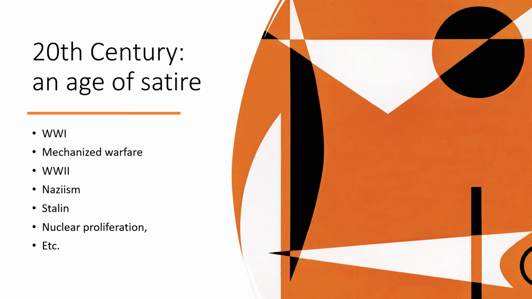Stalin, and he's the figurehead that Orwell takes aim at. Nuclear proliferation, and so forth and so on, all through the 20th century. It was an age of tremendous destruction and decimation because of leaders who had such power.